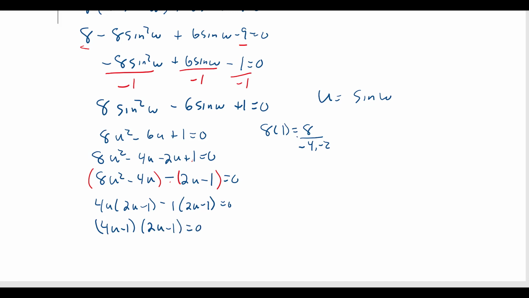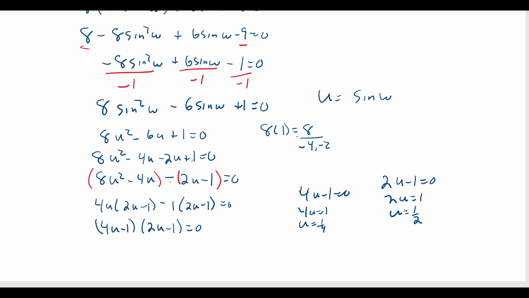So we have 4u minus 1 times 2u minus 1 equals 0. If 4u minus 1 is 0, that means 4u equals 1, or u equals 1/4. If 2u minus 1 equals 0, then 2u equals 1, or u equals 1/2.